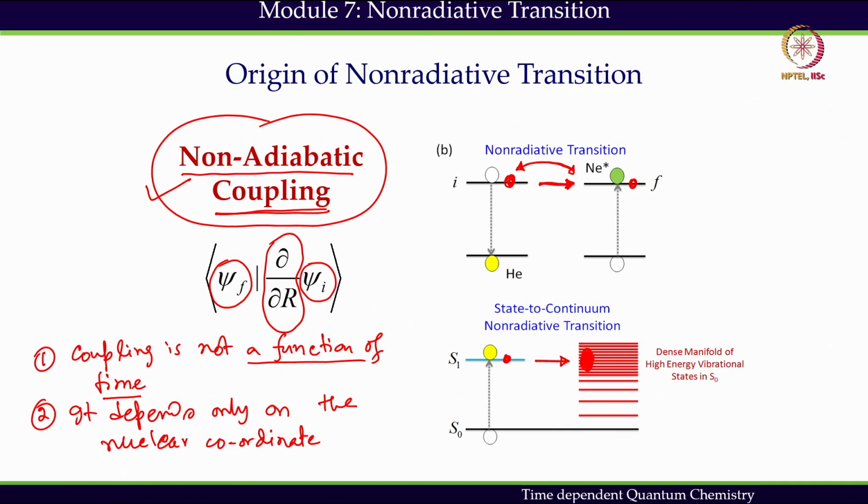And that is exactly what we are showing here. This is, let us say, an electronic state. This is also an electronic state. These are electronic states, but coupled by nuclear coordinate.